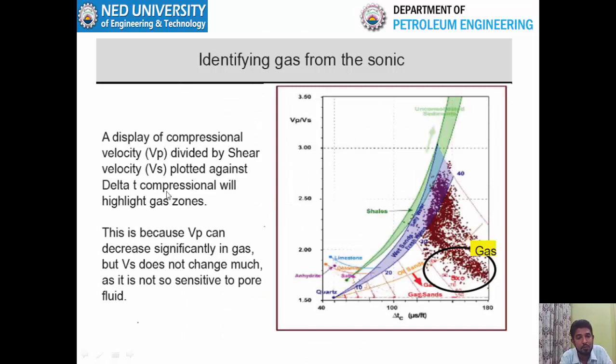For example, if you are measuring both the compressional waves and the shear waves, and you plot Vp upon Vs, the velocity of the compressional waves divided by the shear wave velocity, against the compressional transit time, and the points fall on the bottom right, this indicates a gas zone.